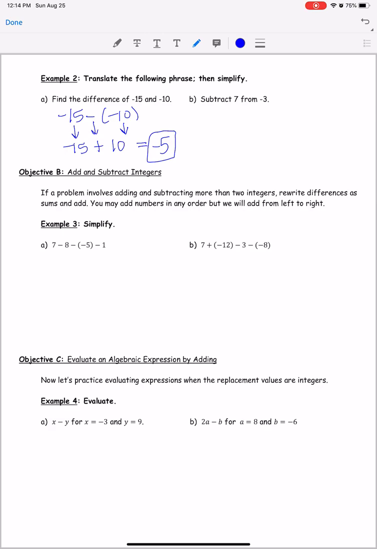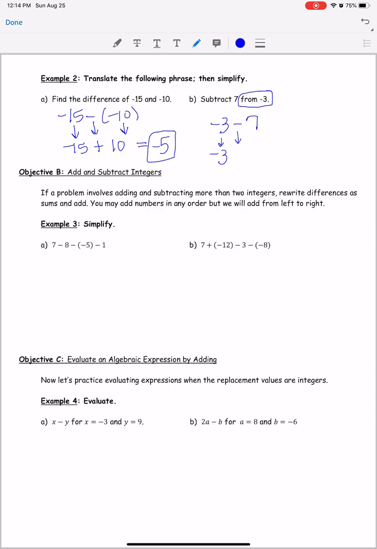On B, it says subtract 7 from -3. Remember this key word, from. When it says from -3, that's your starting point. So I've got -3, and from that, I'm subtracting 7. Keep the first number, -3.